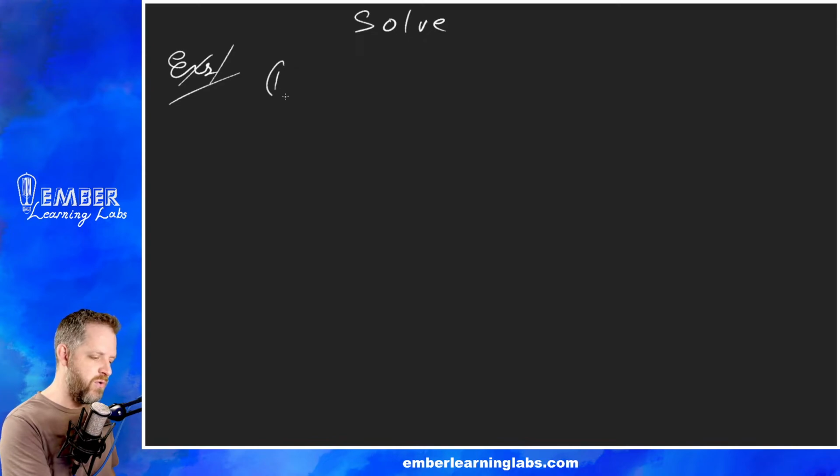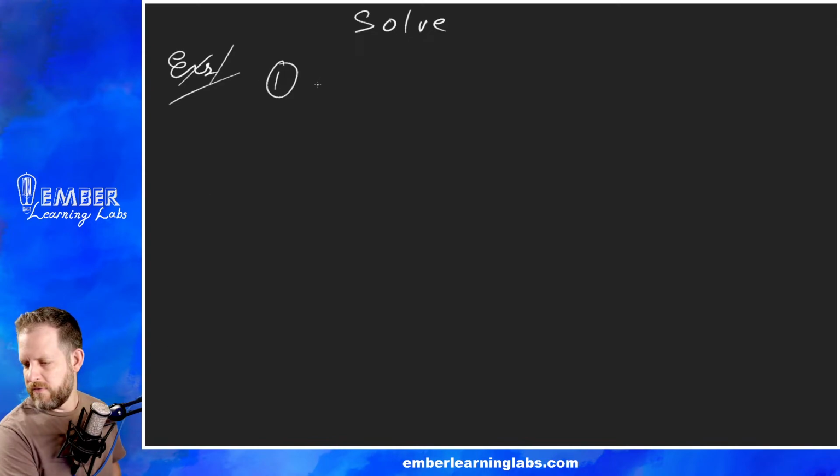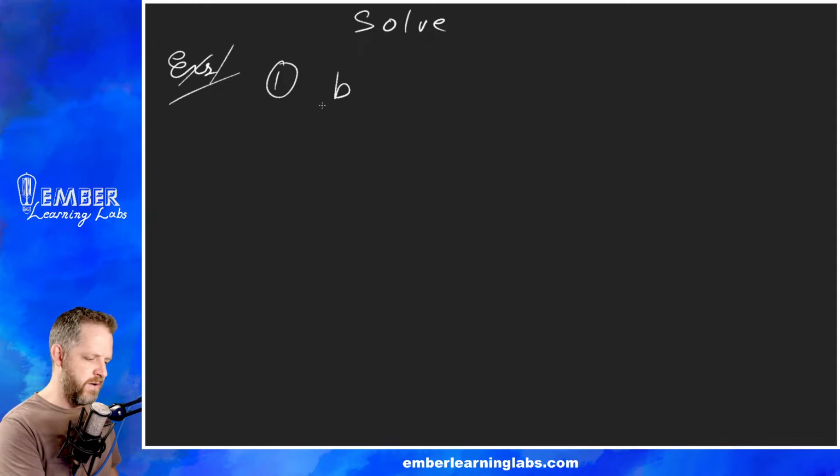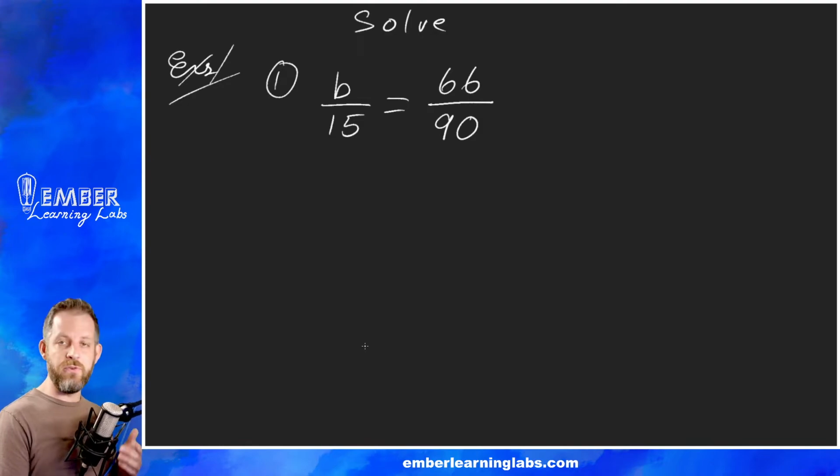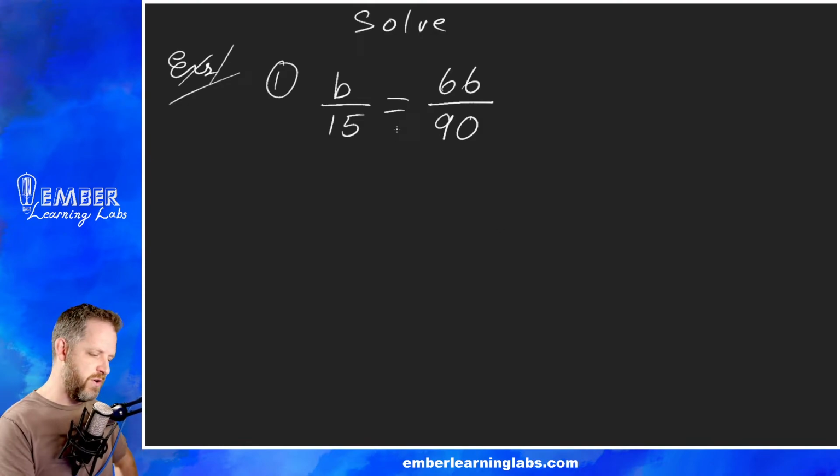Example numero uno. We've got B over 15 equals 66 over 90. To solve for B, the first thing we're going to do is cross multiply.